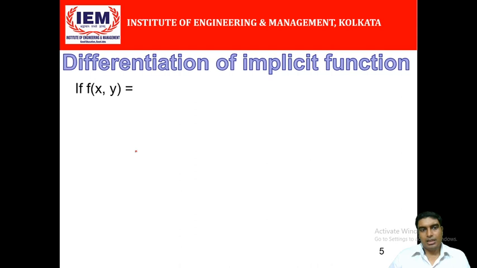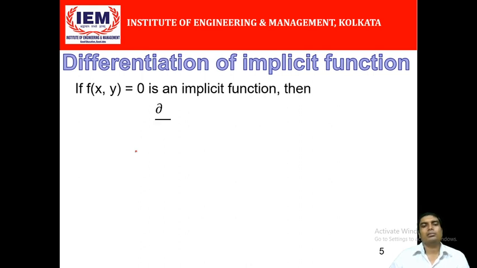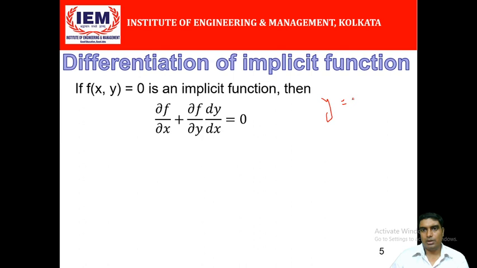Suppose this function f(x, y) is the implicit function. Now to find the differentiation of this function, we can write it this way: del f del x plus del f del y into dy by dx equal to 0, because y is basically a function of some x, right?